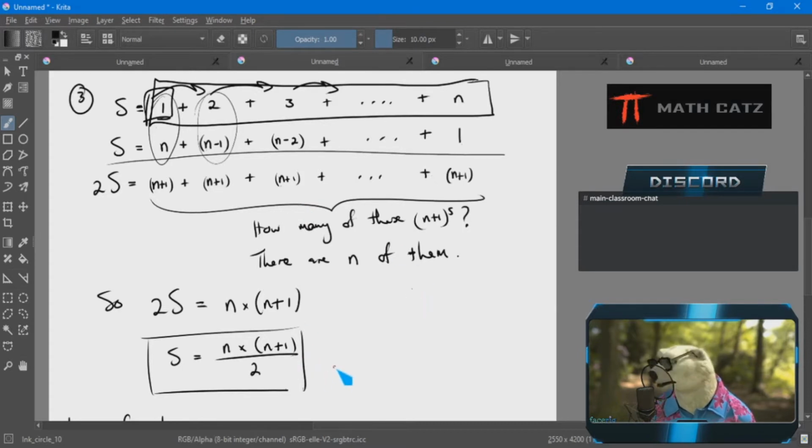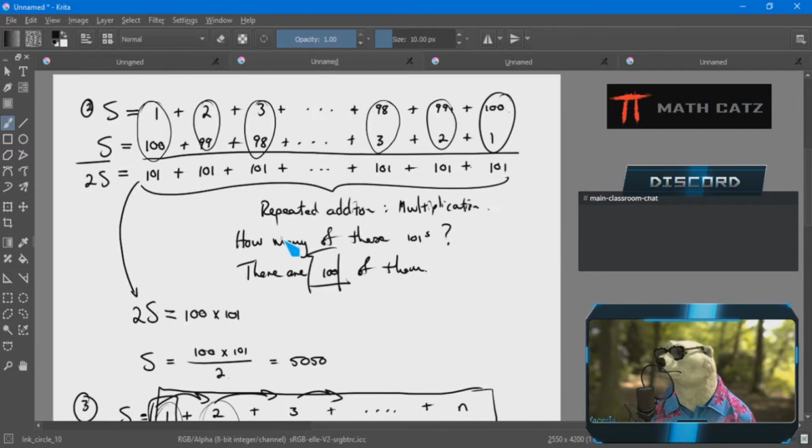I will say right now, you don't need the formula. Our strategy is always going to work for us. The formula is just a little bit faster if the sequence happens to look just right. Okay.